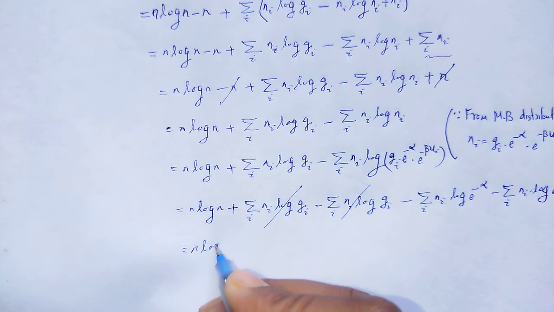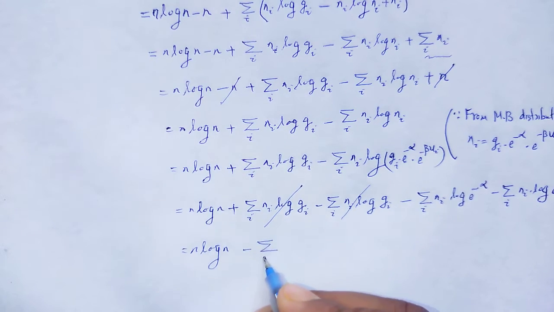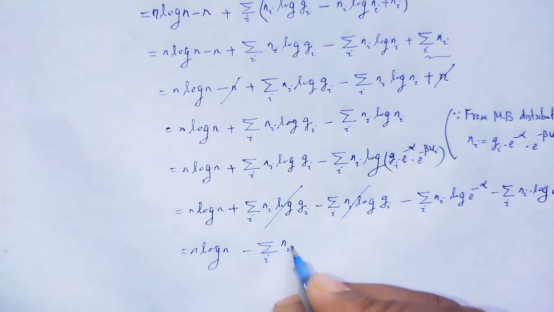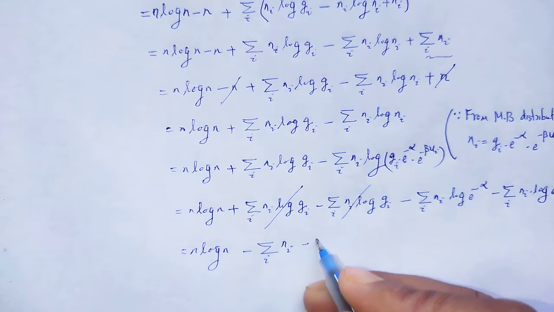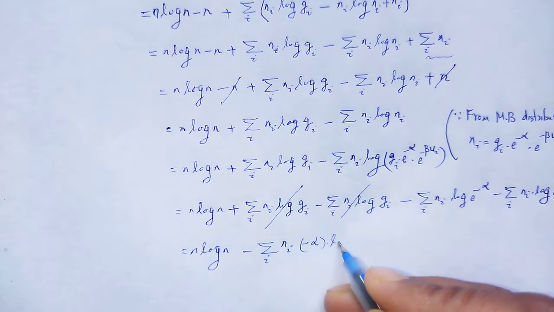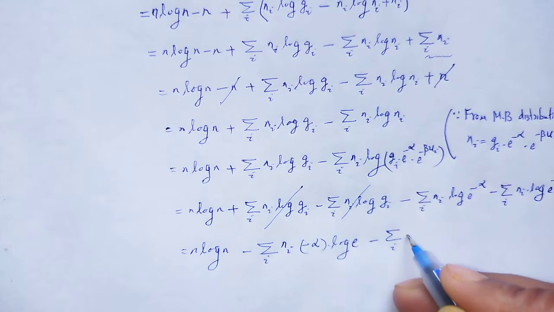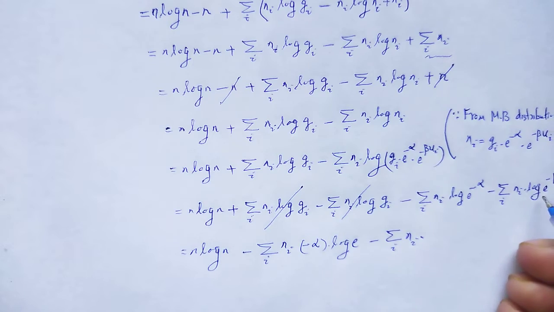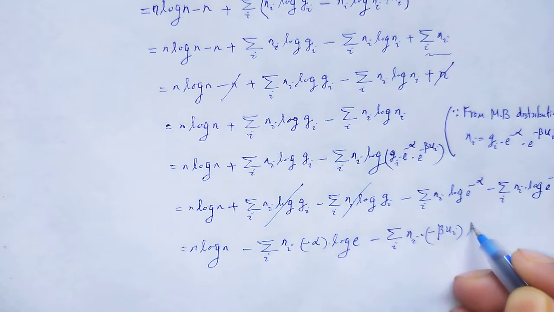Next, n log n minus summation over i ni, log A to the power m is m into log A, here minus alpha into log e, minus summation over i ni, again that formula, minus beta ui into log e.